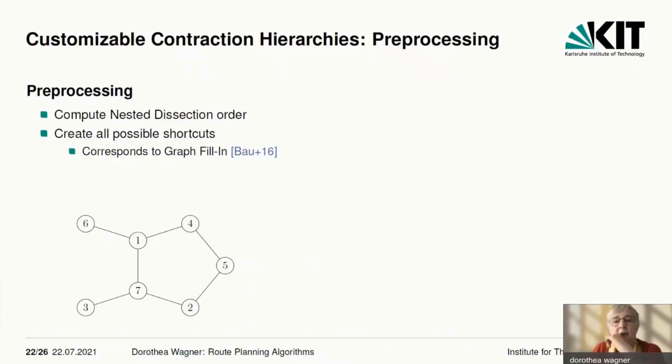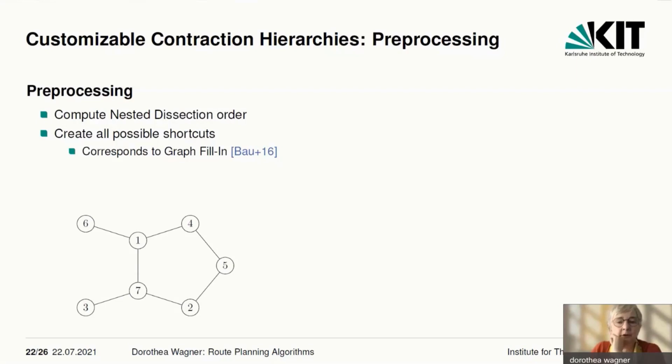Now, what does it mean in detail? Let's look at a toy example. We want to apply the preprocessing where we compute the nested dissection order and then create all possible shortcuts. Again, theory helps.